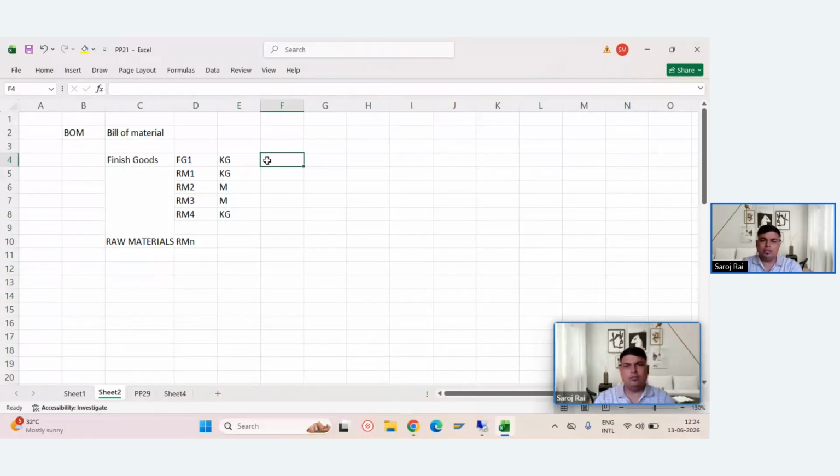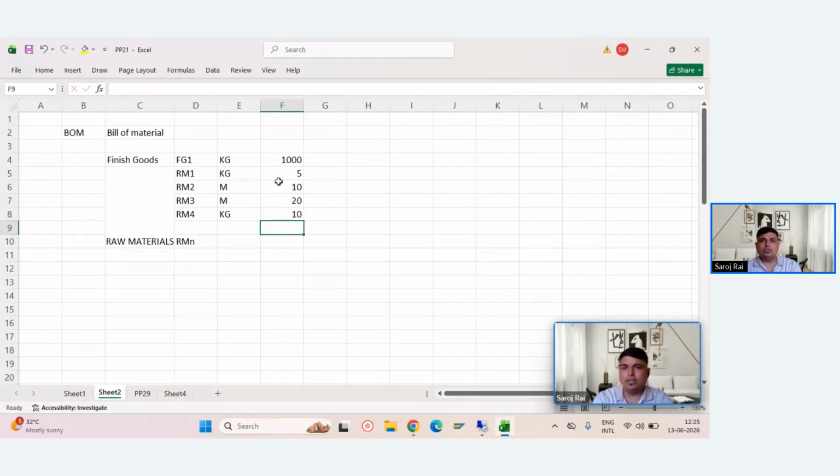For example, to produce 1,000 kg, what will these raw material ratios be? Suppose that will be 2 kg, or 5 kg, 10 meter or 20 meter, then again kg, consider it's 10 kg.